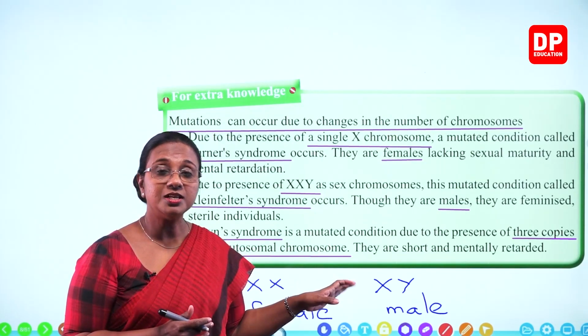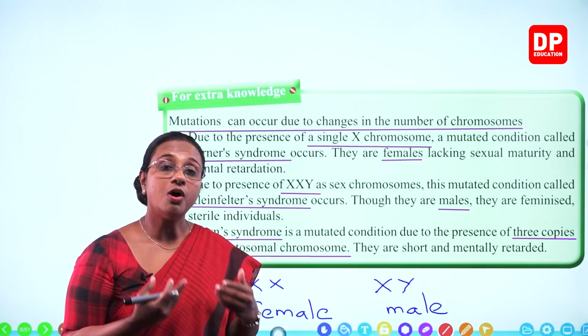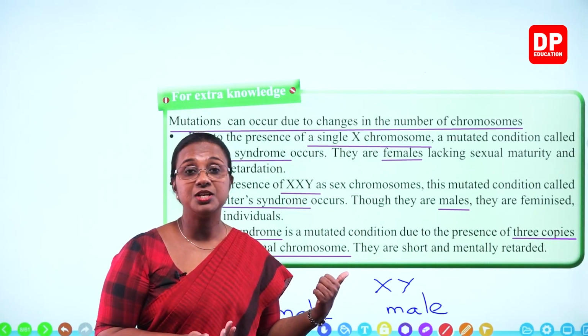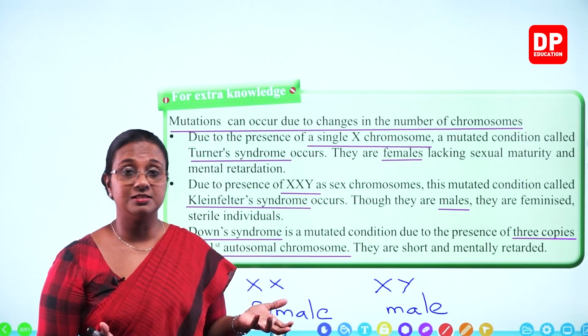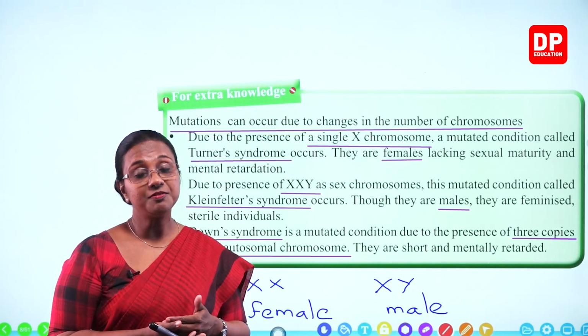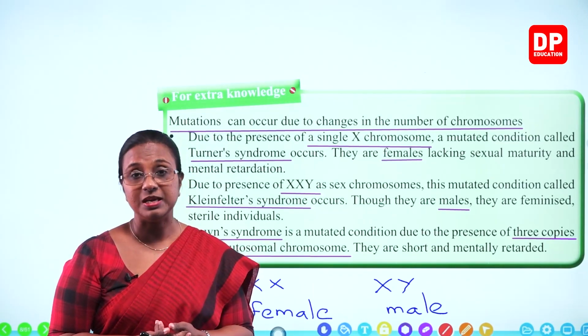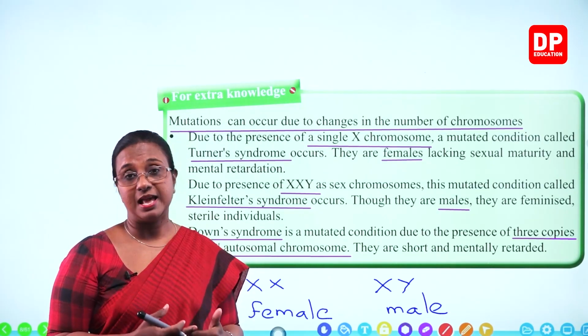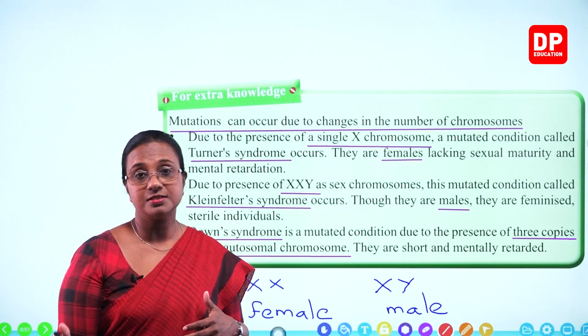Now mutation is a process that occurs normally. We saw gene mutation sometimes occurs spontaneously for no reason, or else there are other factors like radiation and chemicals, but it cannot be controlled by man. So it occurs.